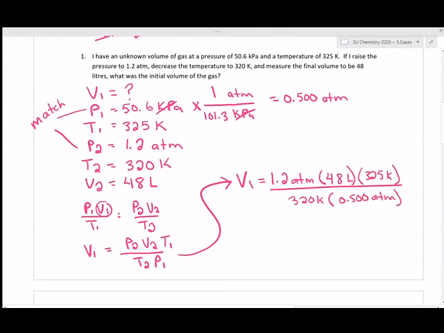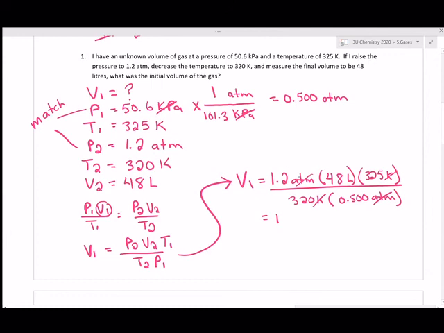There. Okay. Now, by doing the units, you'll see that Kelvin is going to disappear, atmospheres is going to disappear, and you're going to be left with liters, which makes perfect sense because we are solving for a volume.